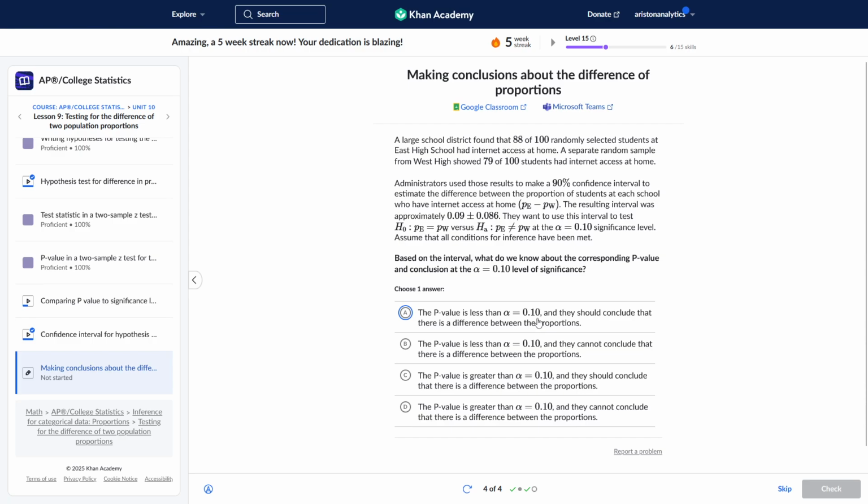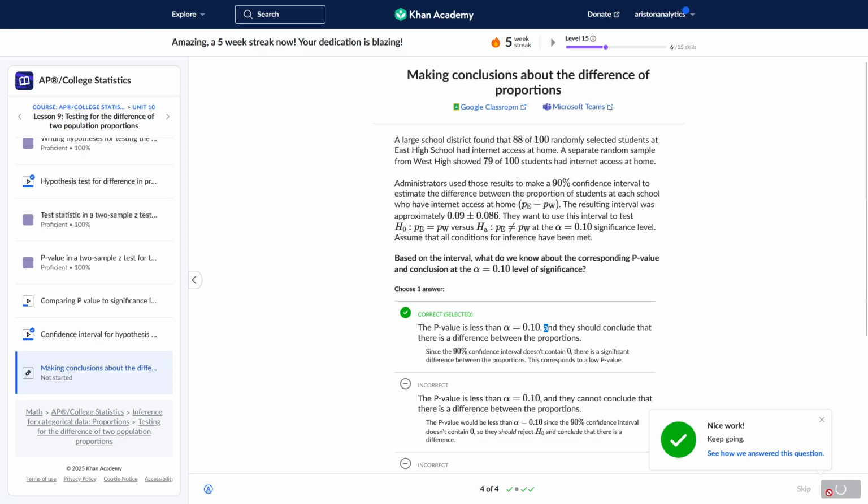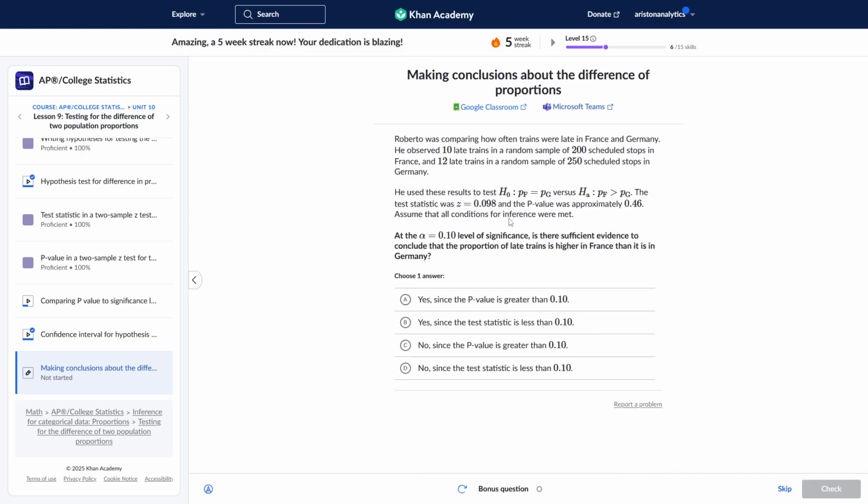No, it doesn't contain 0, so we reject. But it's a 0.1. Does it make a difference? No, it doesn't. Yes. 0.46, alpha 0.1, no. P-value is greater than 0.1.